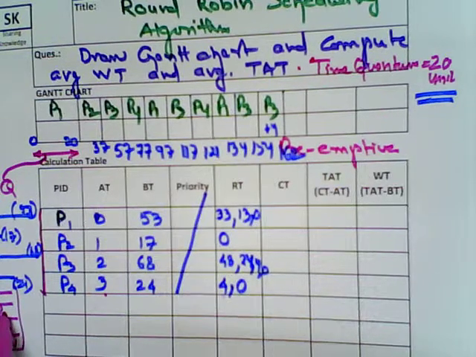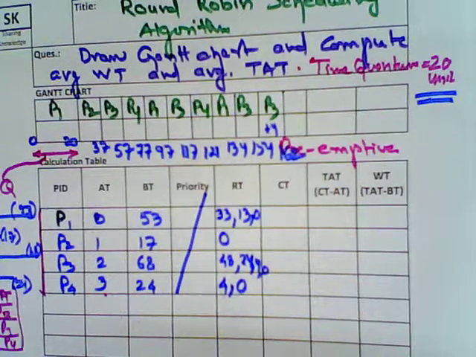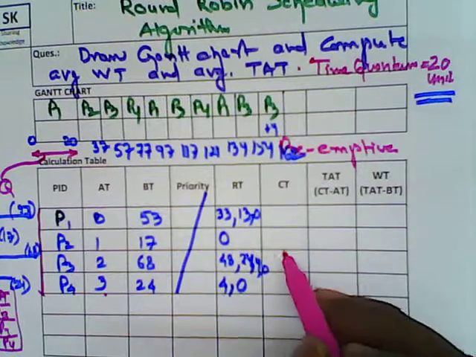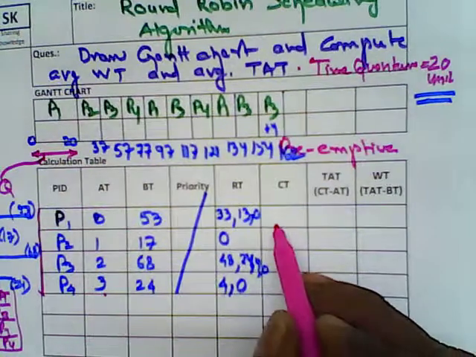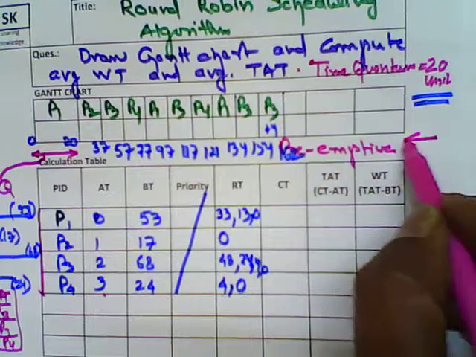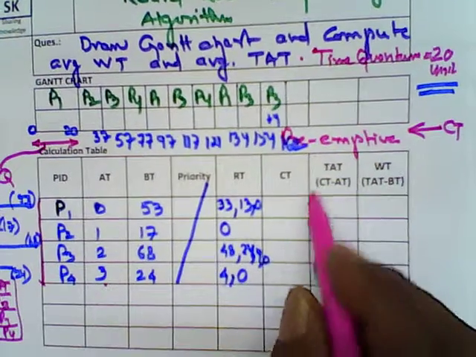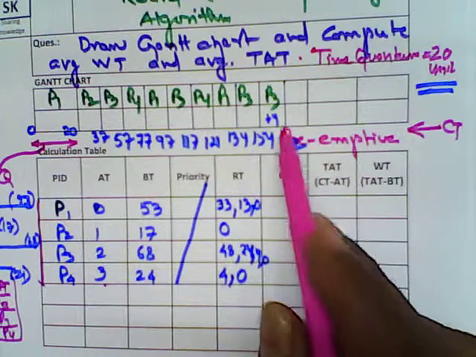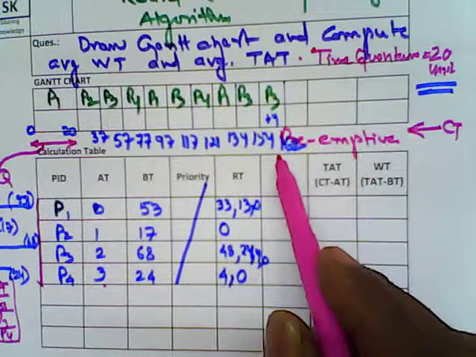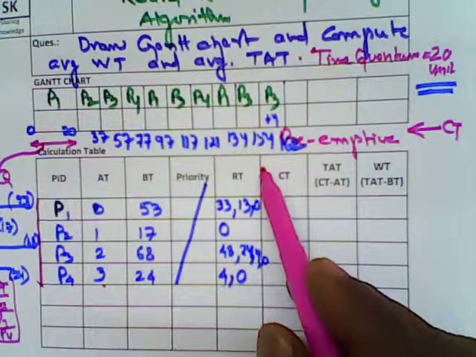Now we have to see the CT. We will see the CT from here, which process is at the last. In this one, the P3 process starts at the last point.